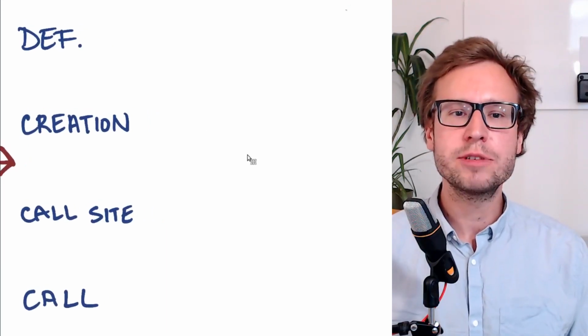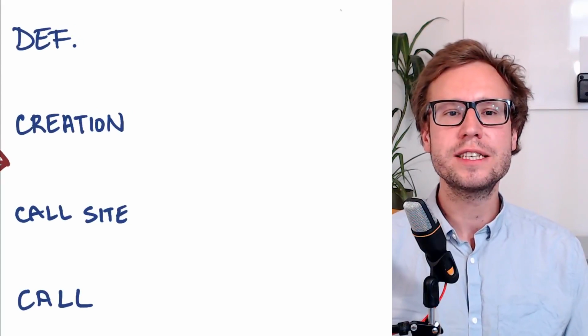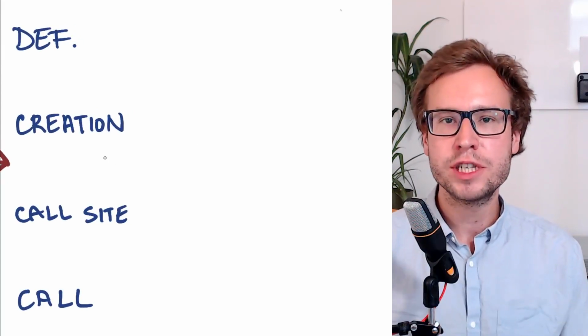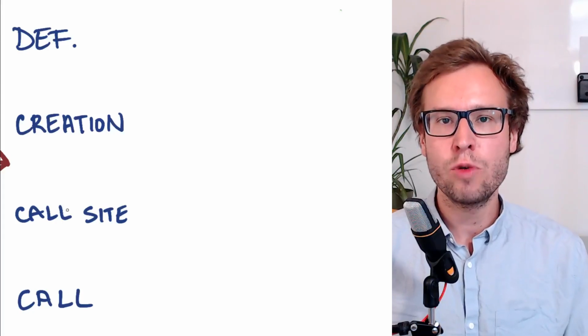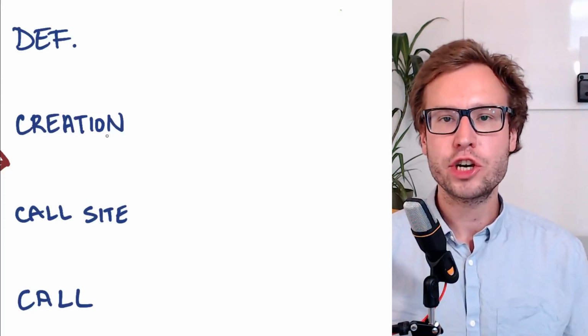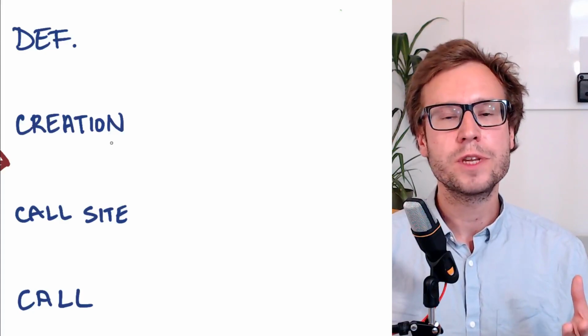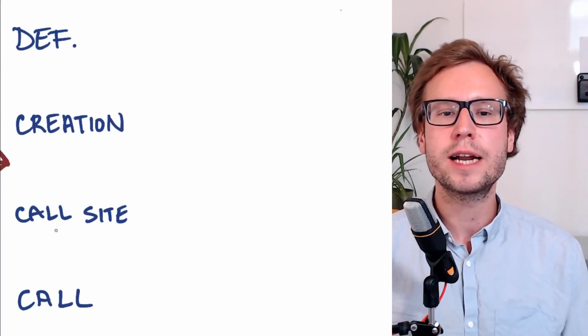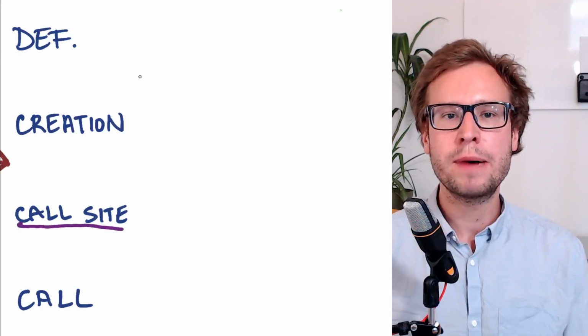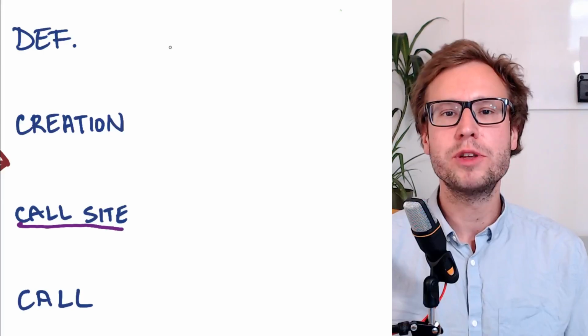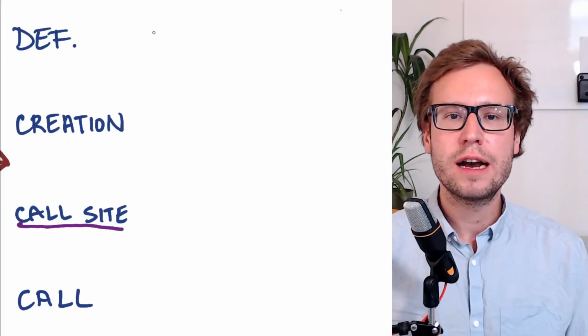All right, here's our table that we're going to fill out with these concepts, and I've just done something sneaky here because I snuck in a fourth concept. I started out by talking about definitions, creations, and then calls, but I snuck in this extra point, which is a call site, because you might have noticed that I spoke about the place. Actually, let's start filling in this table.